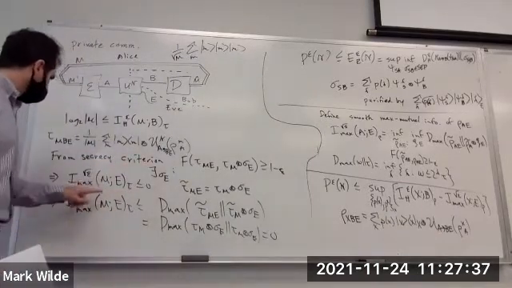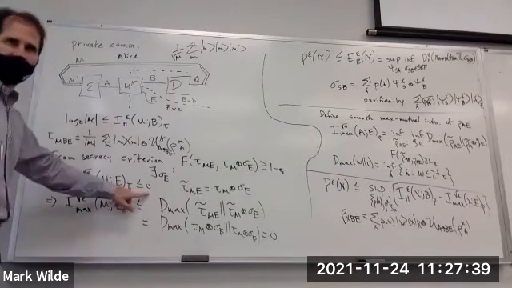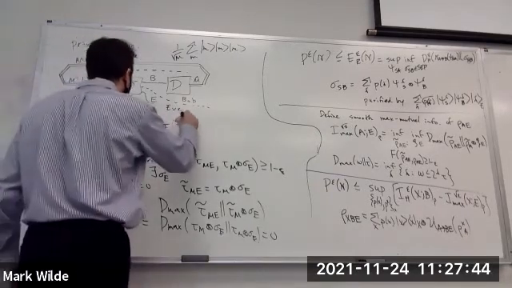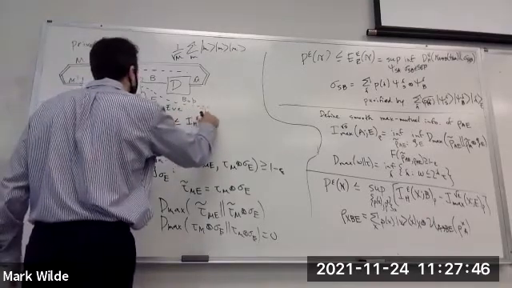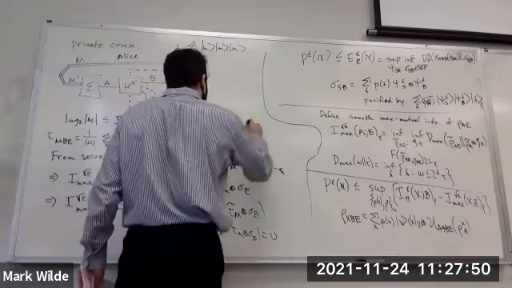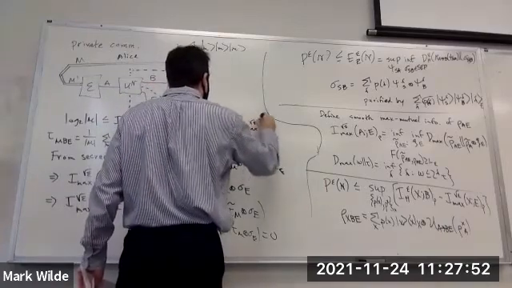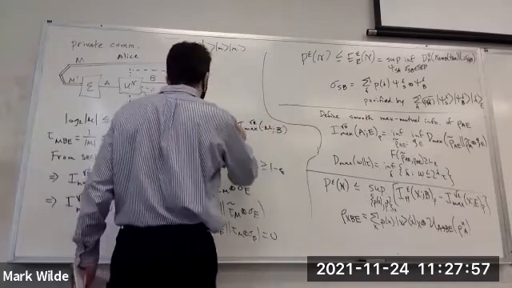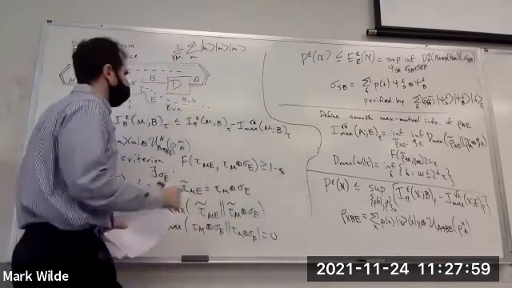Okay, so what we showed is that this quantity is less than 0. So that means this is going to be less than, we can just subtract it off. Now we have this quantity, oh, E, sorry.